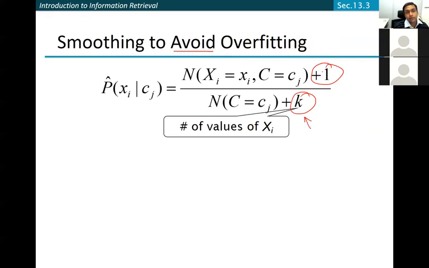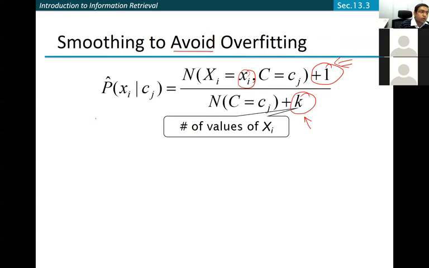The 1 is added because even if there is no document where this particular word exists in that particular class, even if this n is 0, the numerator is still 1, so the 1 is added to avoid the 0 value.